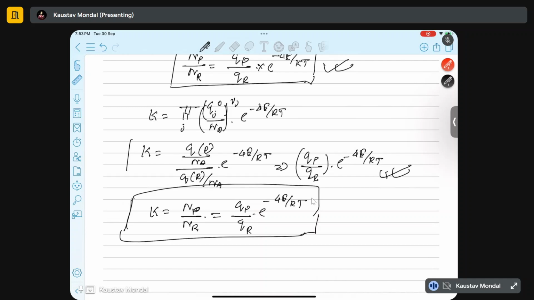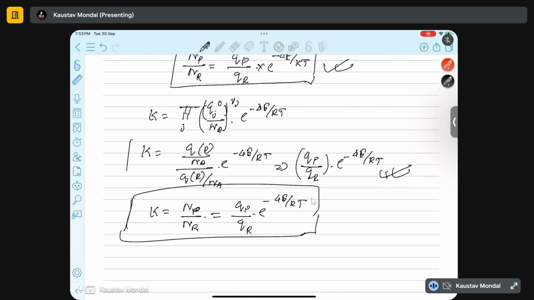This is one of the ways you can write the equilibrium constant K. So it just gives you both ways.